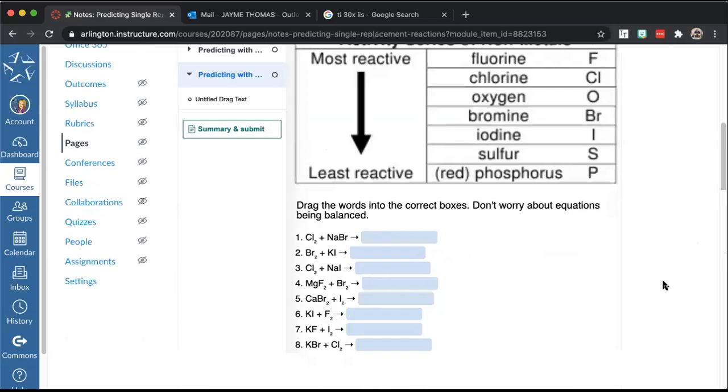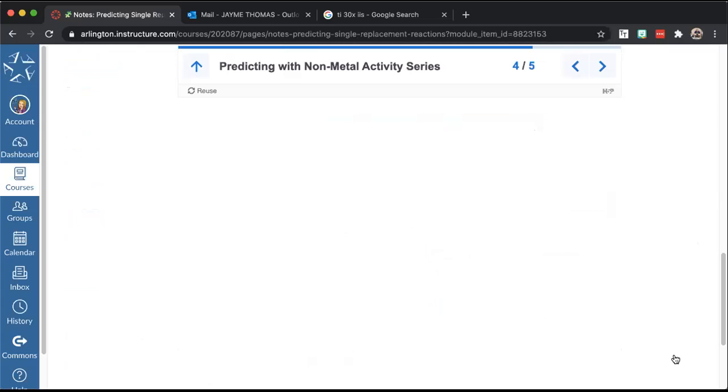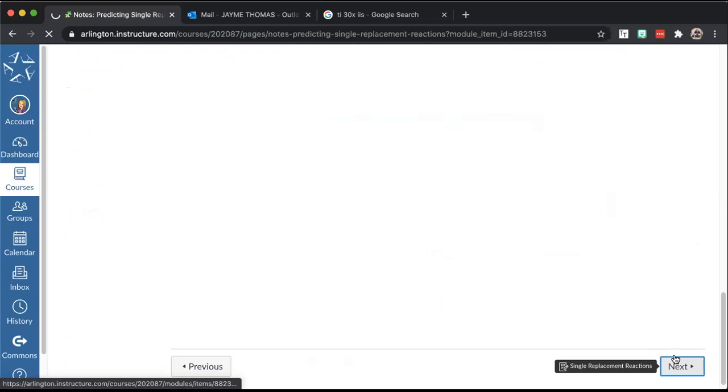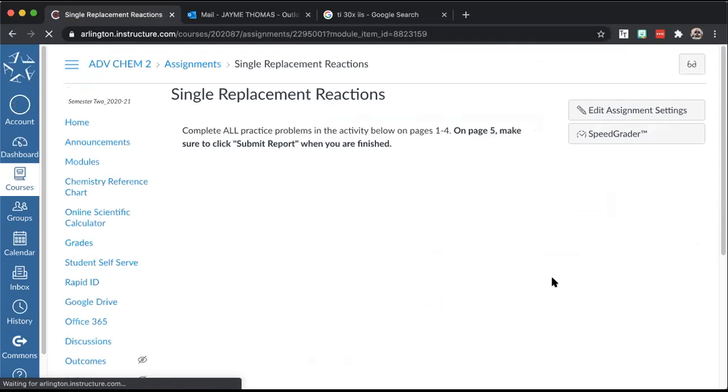When you're finished with practice and you go to the next page on Canvas, you will see that similar to this, you have some practice where you are going to use the activity series to predict and answer some questions. There are 5 pages on here. Pages 1 through 4 are where there are activities that you need to complete and submit. When you get to page 5, make sure you click Submit Report.